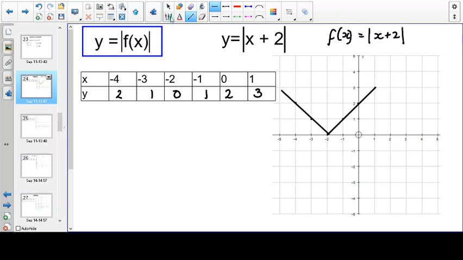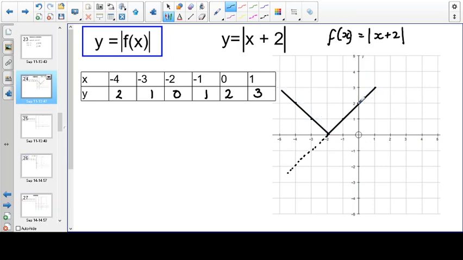Now the original graph of just y equals x plus 2 would have carried on down here. So what's actually happened is that you've got the original part of the graph, and then the bit that would have gone below the x-axis, if you look, you can see that that is actually reflected in the x-axis.